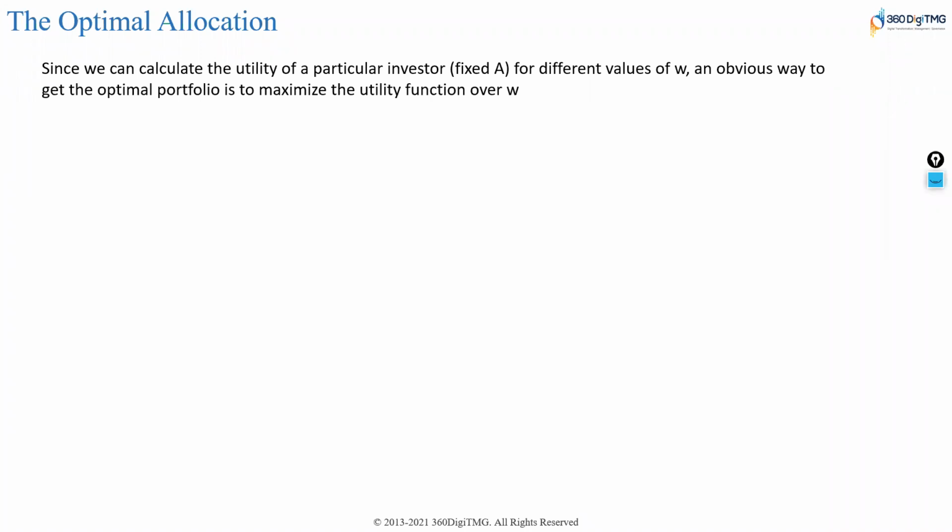So here, we can calculate the utility function. You already know what a utility function is. Let me write it down. Utility function is the expected return on the portfolio minus half sigma square, the risk on the portfolio.